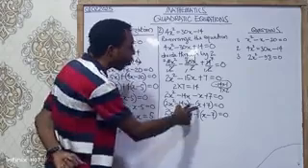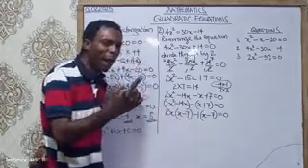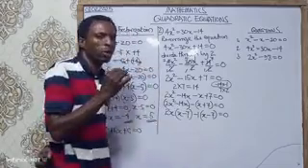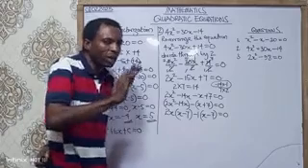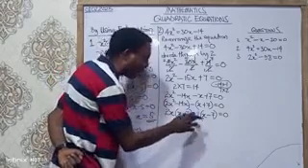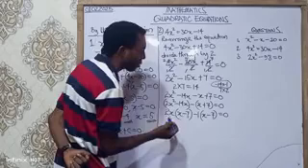Why? Because 1 is just a number that when it multiplies another number, it leaves the number as it was. Do you understand? It will not change the value of that number. Now, when you say minus 1x times x, it will give you minus x.